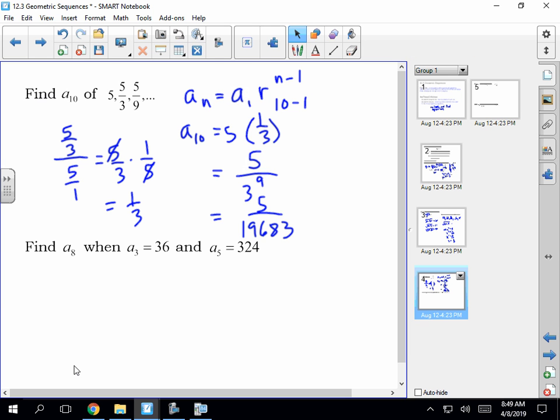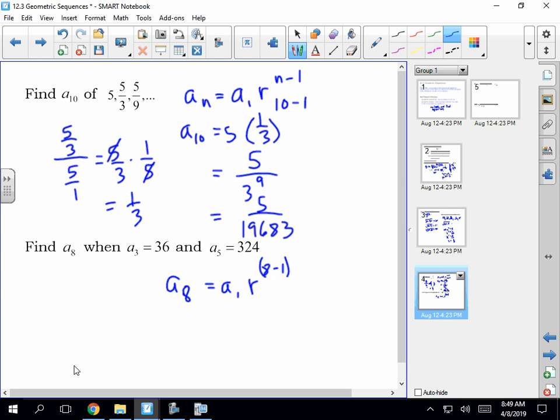And then this is kind of like what we did with the arithmetic sequences. Here we're given a term that's a little farther into it, like the 3rd term into it. And we're asked to find the 8th term. So if we go after the 8th term, it's a sub 8 equals a sub 1, which we don't know, times r to the 8 minus 1 power, and we don't know r, nor do we know a sub 1.